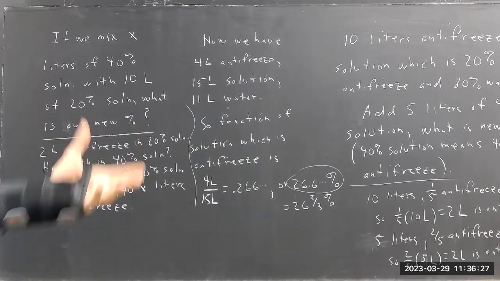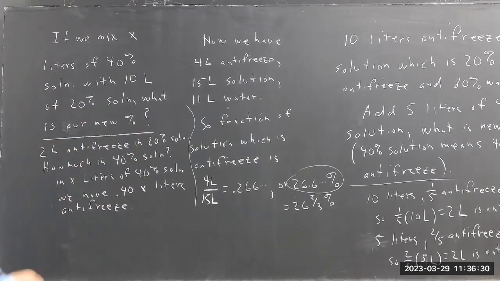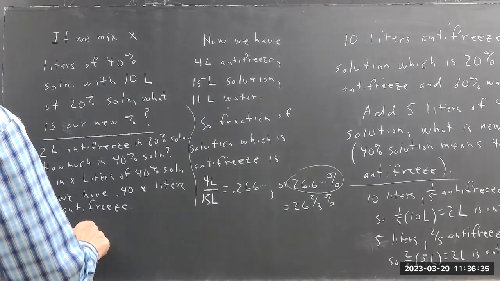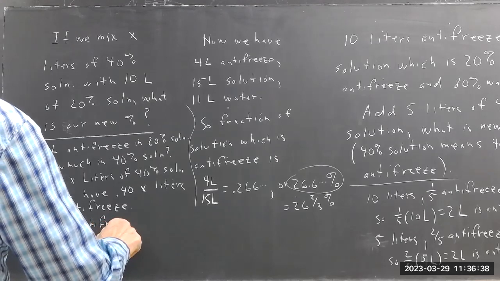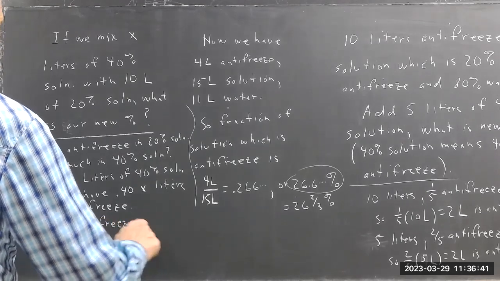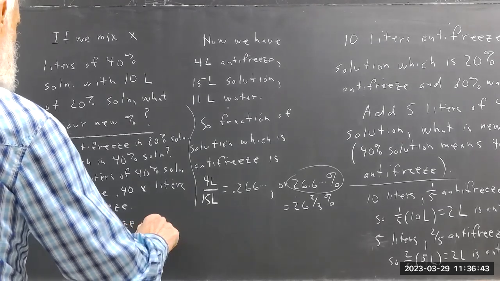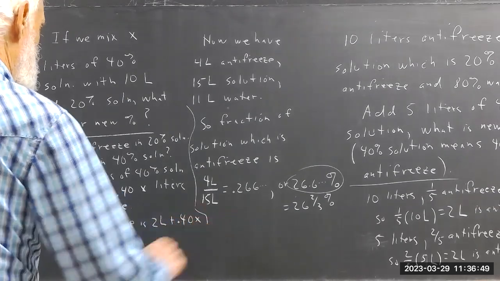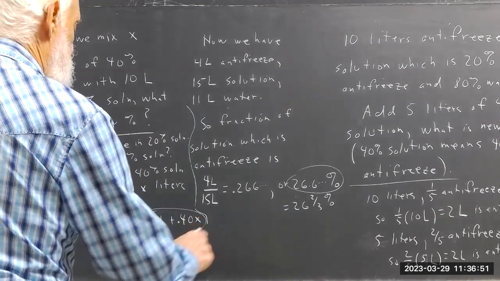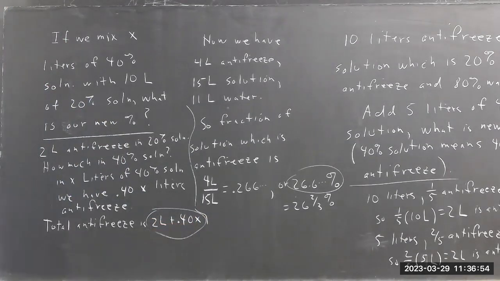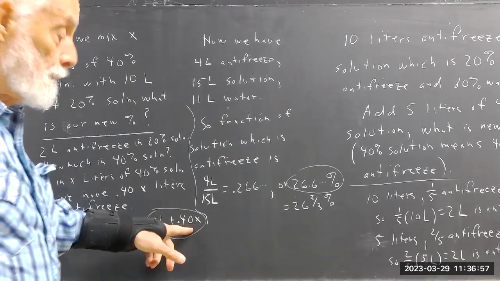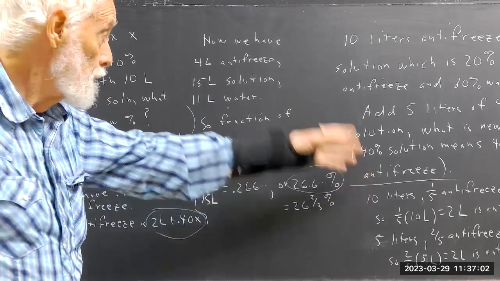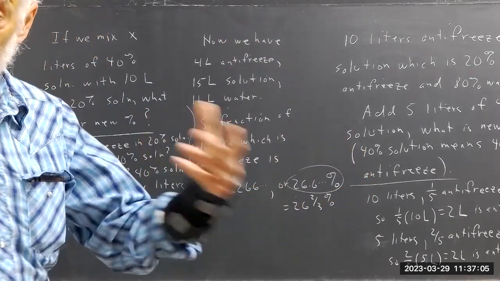So now we have an expression for how much antifreeze. So here's our total antifreeze: 2 liters plus 0.40x. And if X happens to be 5 liters, well, 0.40 times 5 liters is 2 liters. We get the 4 liters that we have in the original problem. We've got all the numbers.